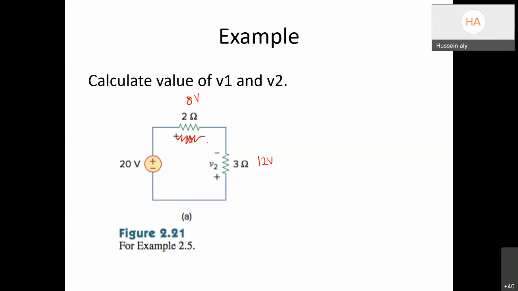After you got this, you need to answer V1 and V2. Your V1 polarity is this one, positive, negative. Meaning that if you put your voltmeter positive here and negative here, your voltmeter will give you the reading of 8 volt, right?